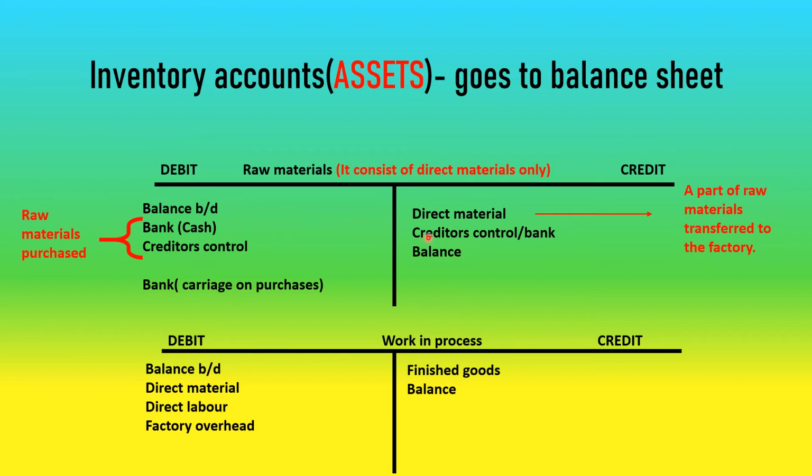So obviously when we return those raw materials back to the supplier, our raw materials in the warehouse decreases. Then here we have our balance again, which is the balance of raw materials left over in our warehouse at the end of the current year.